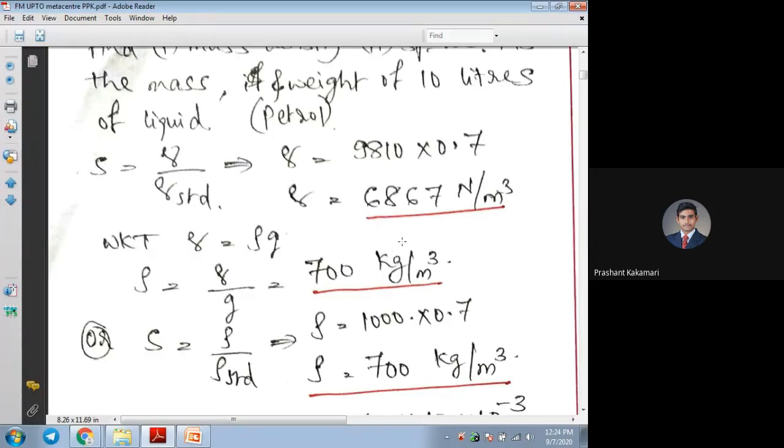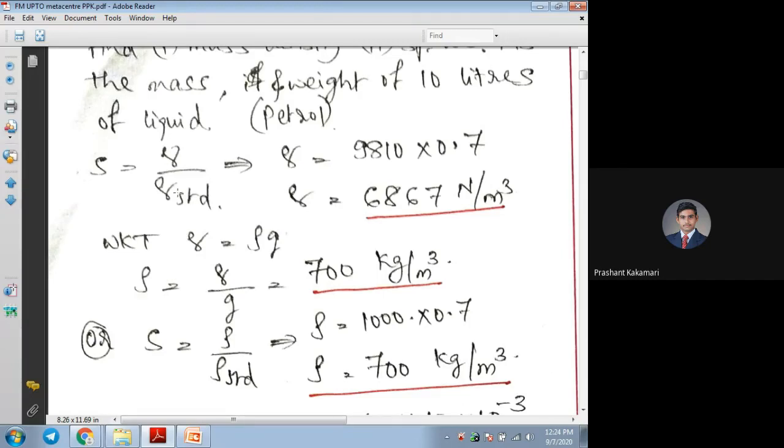Another way is that you know the specific weight or the weight density of water. That weight density or specific weight of water is how much? 9810 as a standard value. See here, gamma standard is in the numerator in the first equation. Gamma standard is the weight density of the water, 9810.